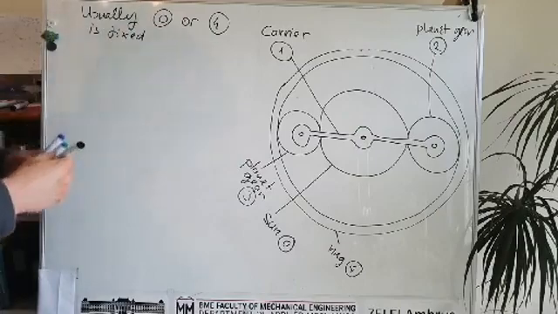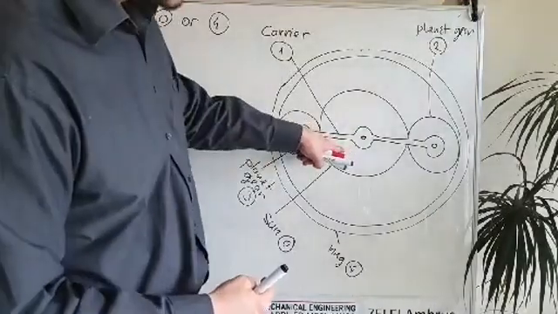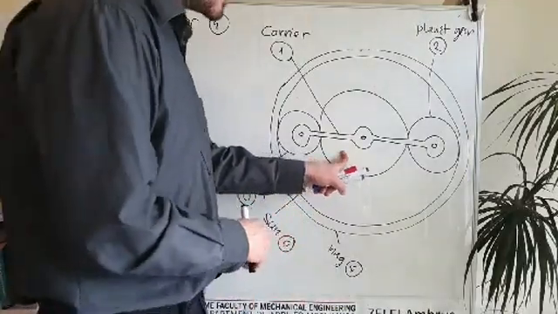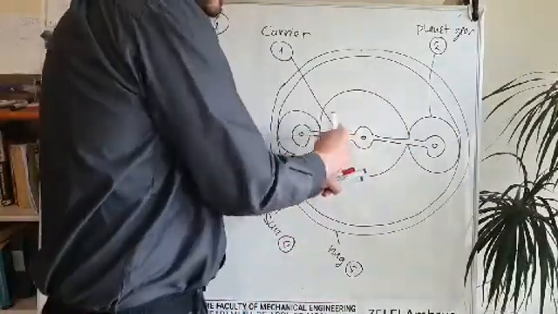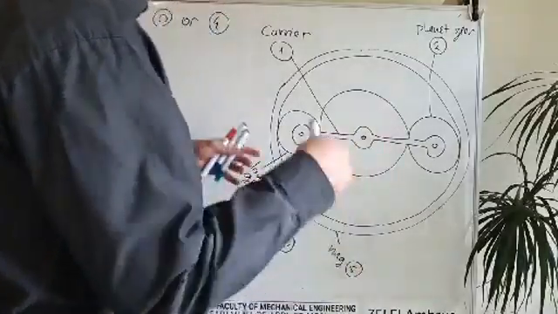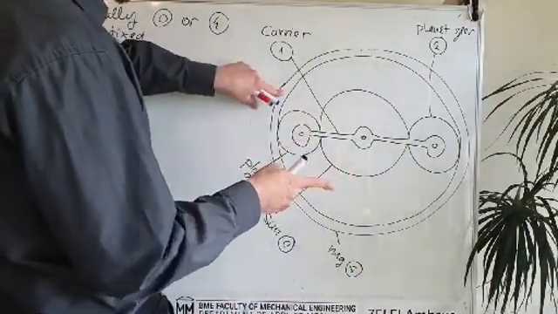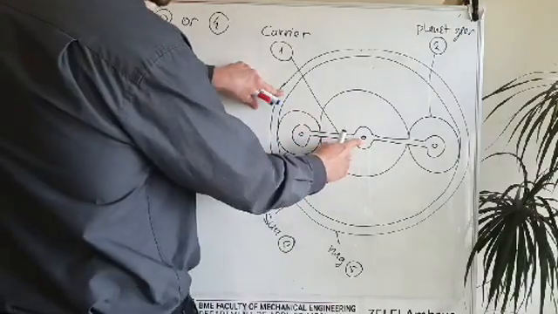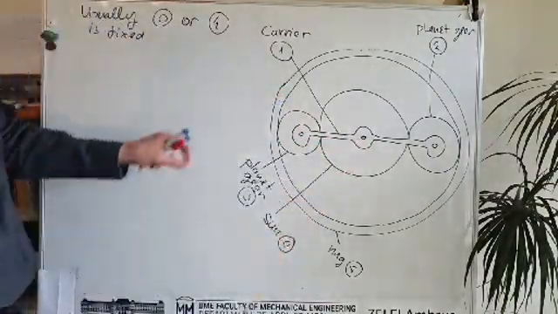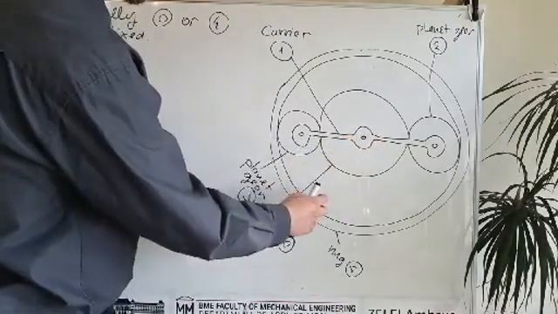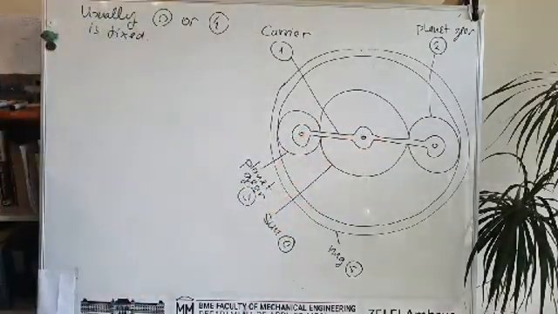So for example, if the sun is fixed, then there will be an angular velocity ratio between the carrier and the ring, or if the ring is fixed, then there will be some kind of ratio between the angular velocity of the carrier and the sun. So there can be different, or also the carrier could be fixed. So there is a lot of choices.